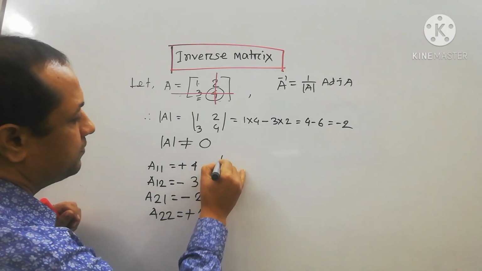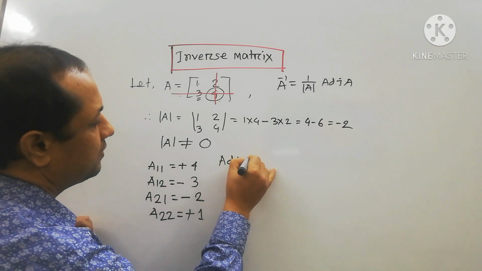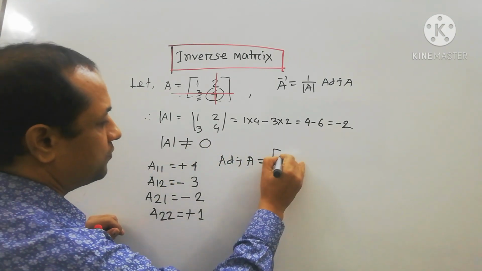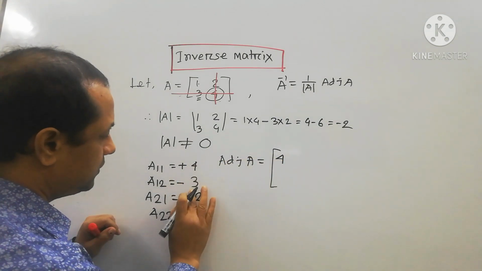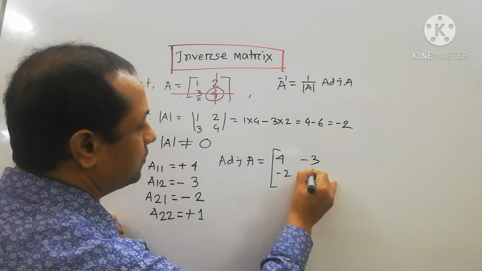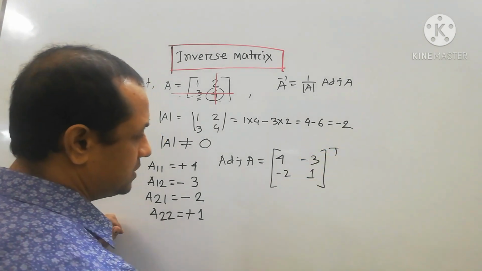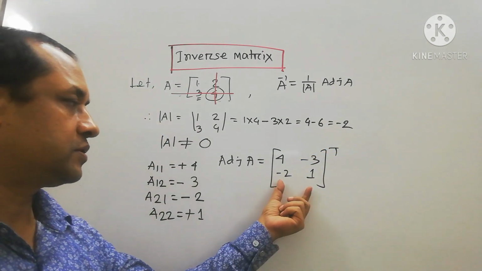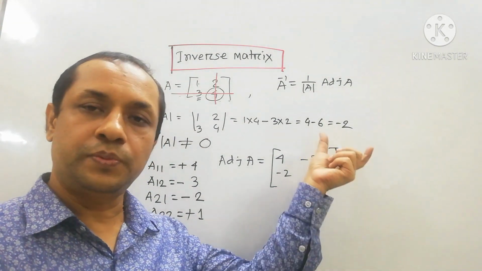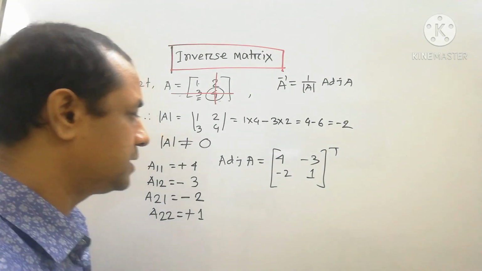So the adjoint of the matrix, by the definition of adjoint matrix, equals the transpose of the matrix 4, minus 3, minus 2, and 1. This is the cofactor matrix, and the adjoint is the cofactor matrix to the power T, the transpose matrix.